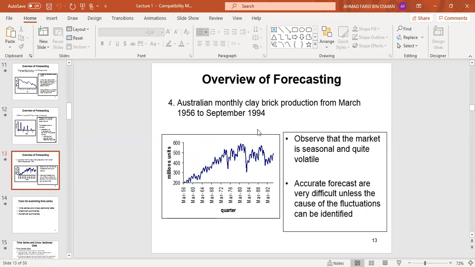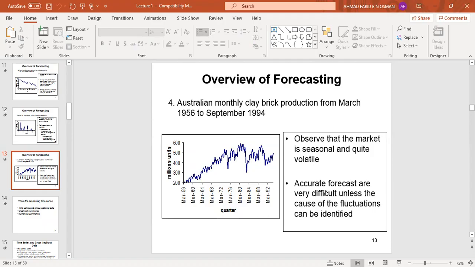The next example, Australian monthly clay brick production from March 1956 to September 1994. Observe that the series is seasonal and quite volatile. It has seasonal variation. The first half of the series has a systematic pattern, trend and seasonal. But in the second half of the series, it starts to behave differently.